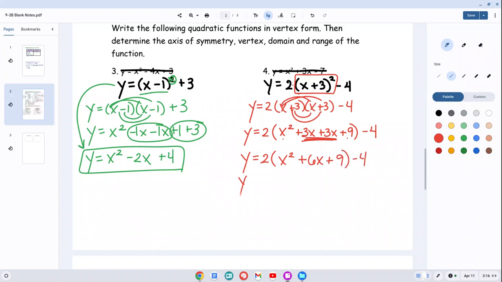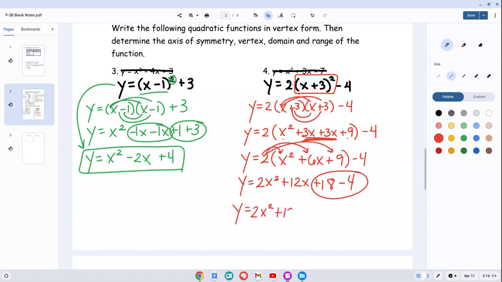Now distribute the 2, a little longer. 2x squared plus 12x plus 18 minus 4, and the last calculation I have to do is I just have to subtract the 4 from that 18. Y is equivalent to 2x squared plus 12x plus 14.